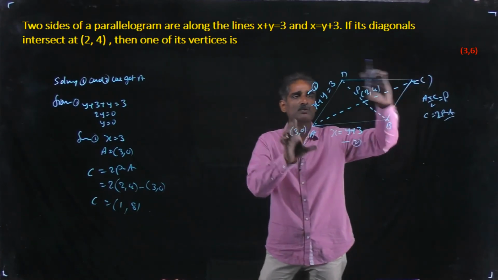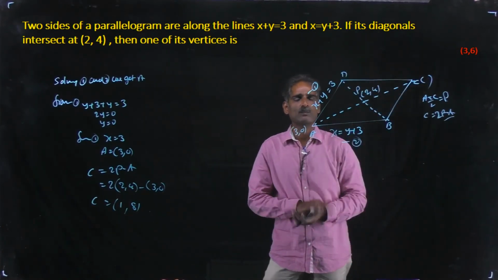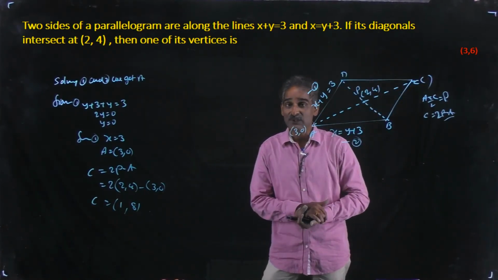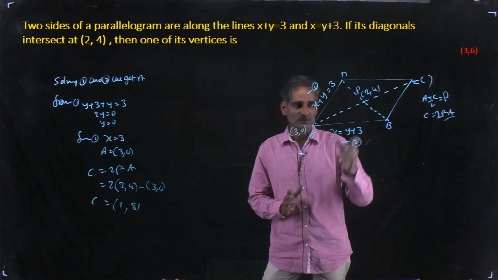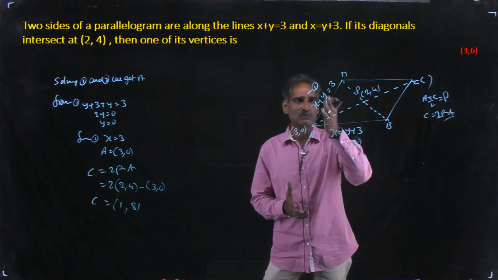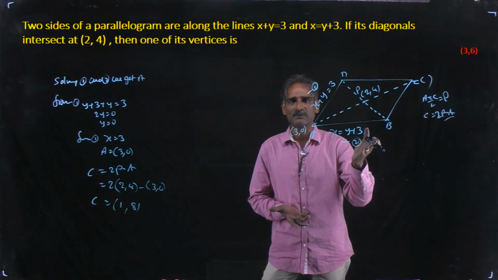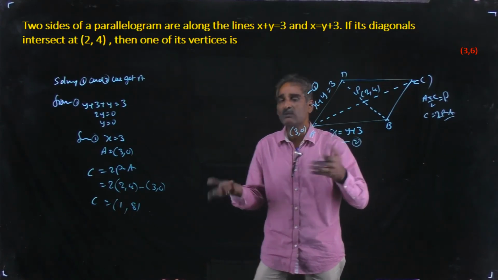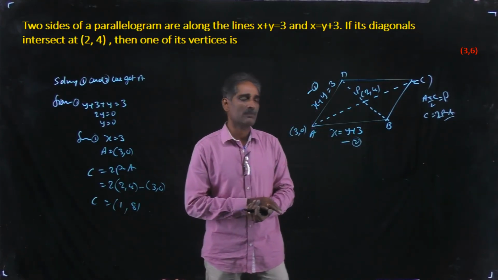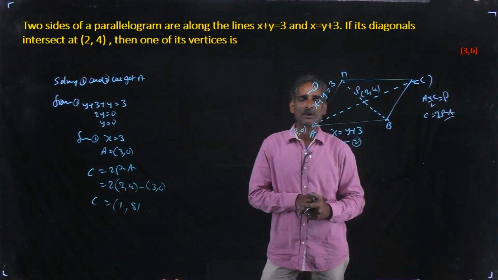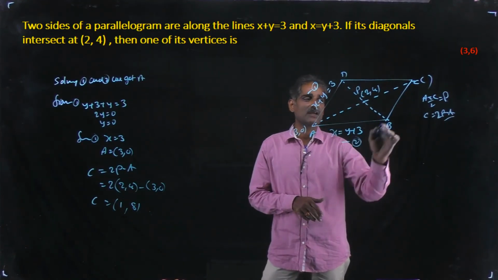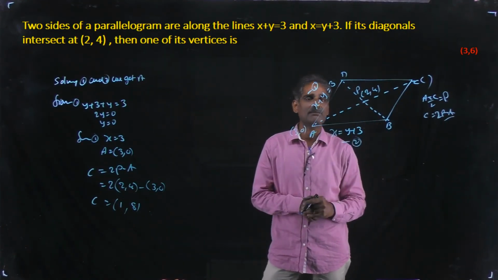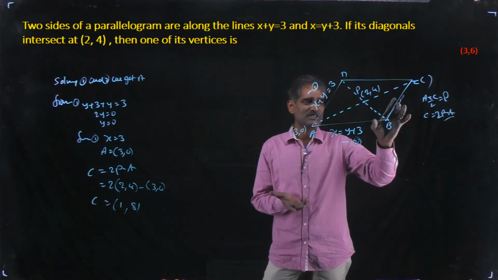These are the two points. You have to find either one of these two. Just verify the options: substitute the options in both these equations. Understand? That is one way to find the coordinates of this point. Otherwise, how can you find this point? Simple. This is the point of intersection.